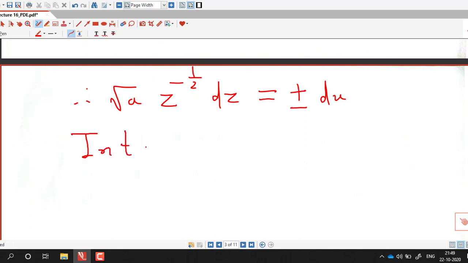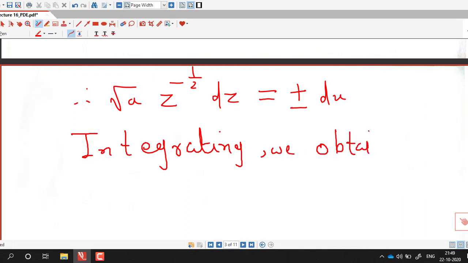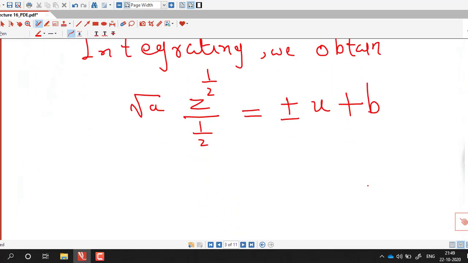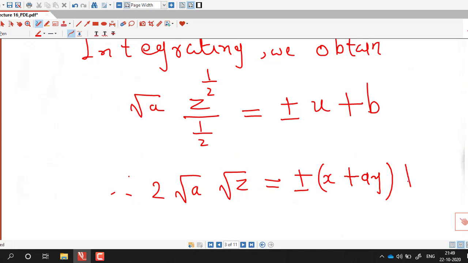So integrating, we obtain square root of a times z raised to minus 1 by 2 plus 1, which is 1 by 2, divided by 1 by 2, equal to plus or minus u plus constant of integration, suppose small b, and this we can rewrite as 2 times under root a under root z equal to plus or minus u plus b, and we put the value of u, which is x plus ay.